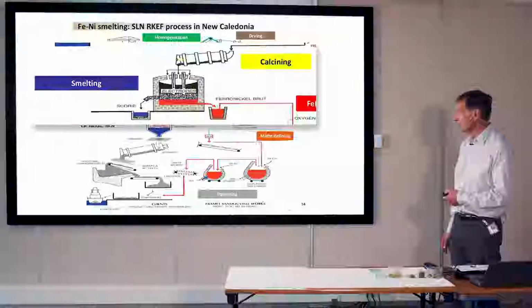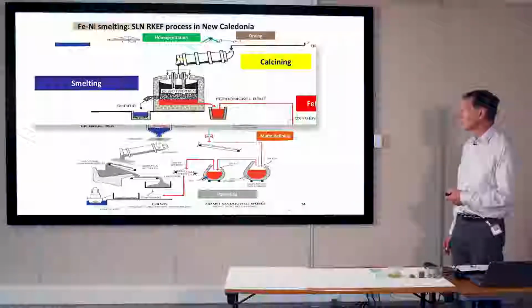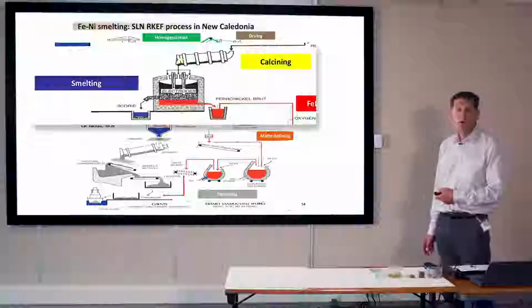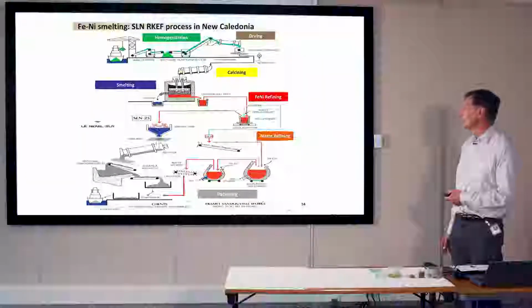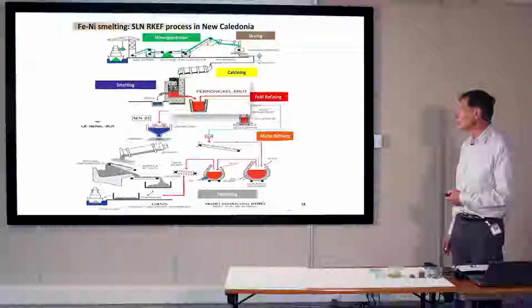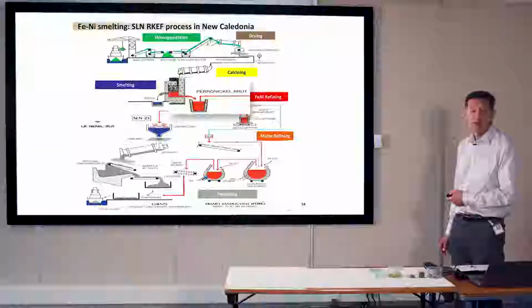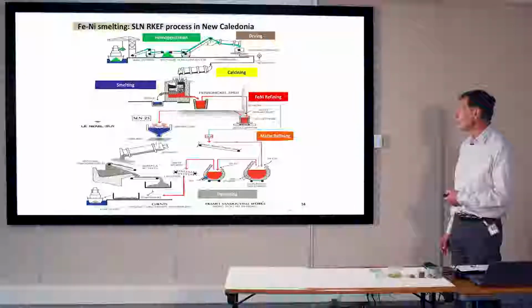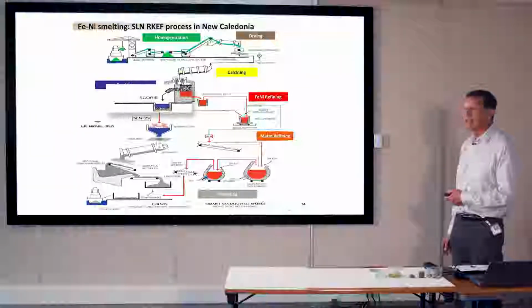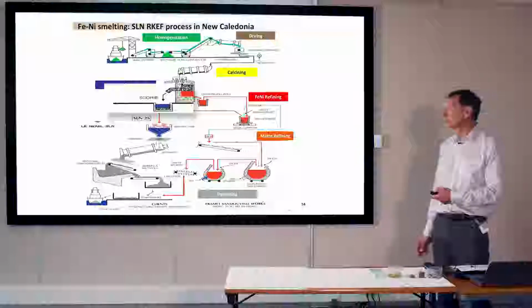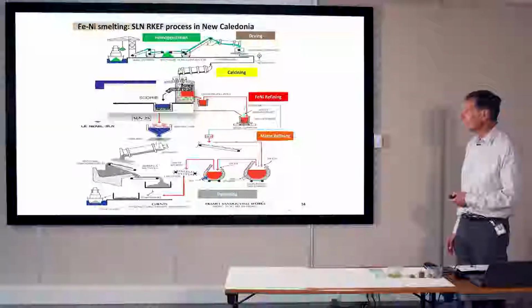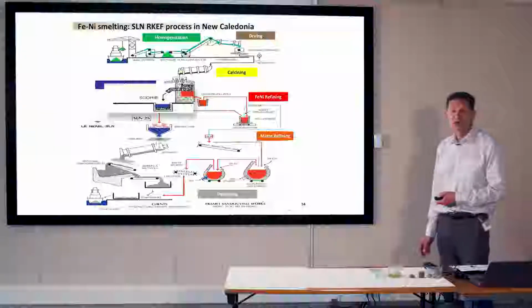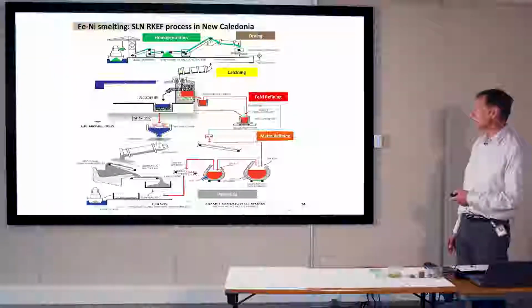You have here the electrodes, and by smelting and reduction of the ore, you create two different products. The main product is the ferronickel alloy, and the magnesium content and the silica content in the ore go into slag. That's a byproduct of this melting.